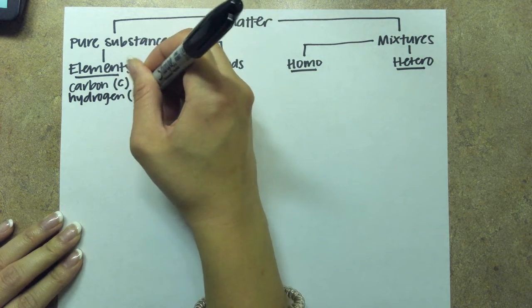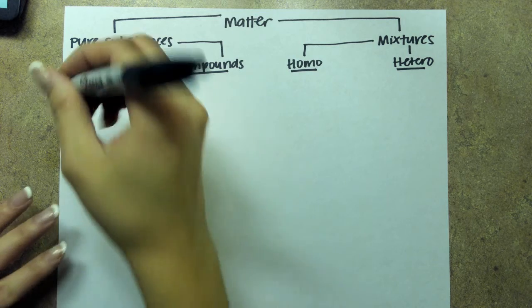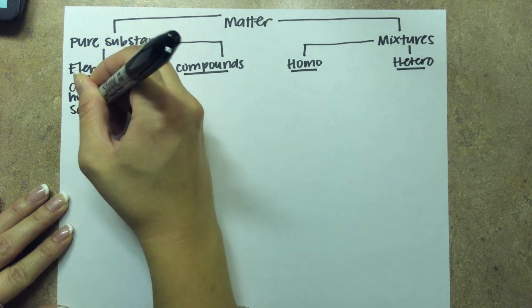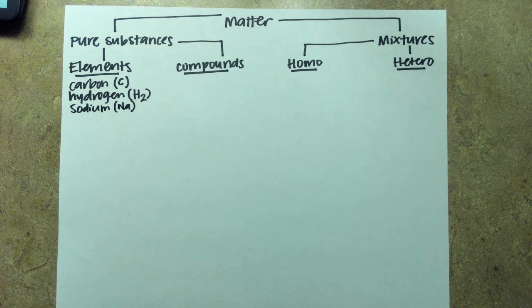And so that would be something like H2. And just as a reminder, there are 7 different diatomic elements that we have memorized. And then I guess something like sodium would also be an example of an element. So again, anything that's on the periodic table of elements can be classified as an element.